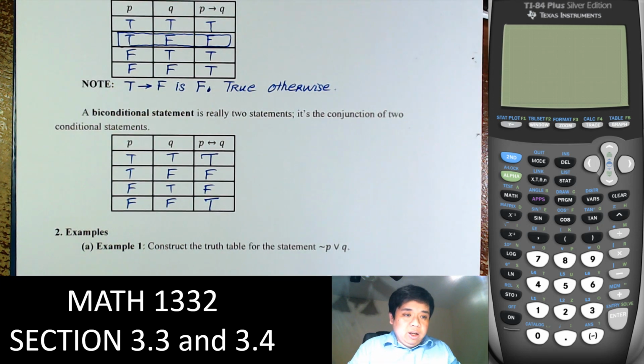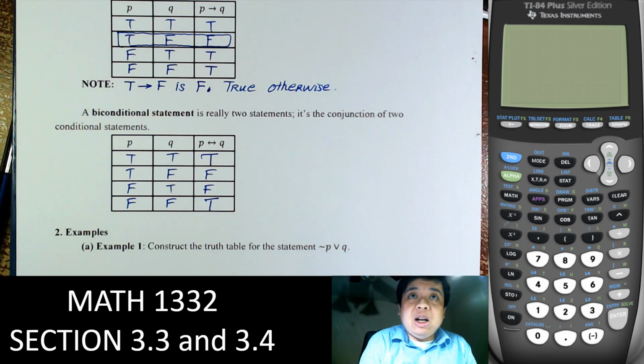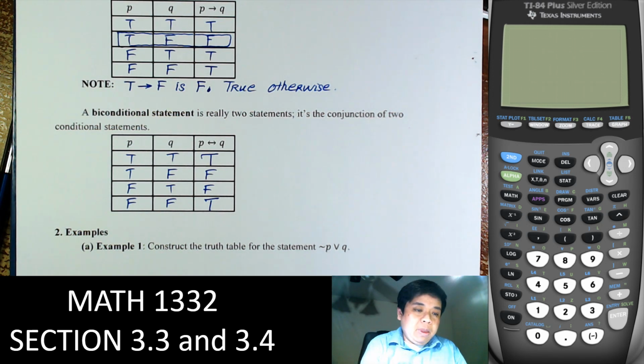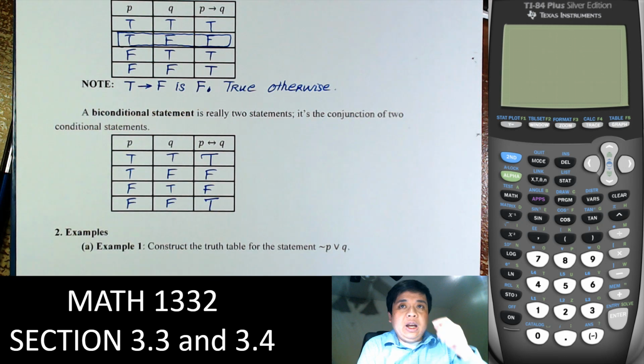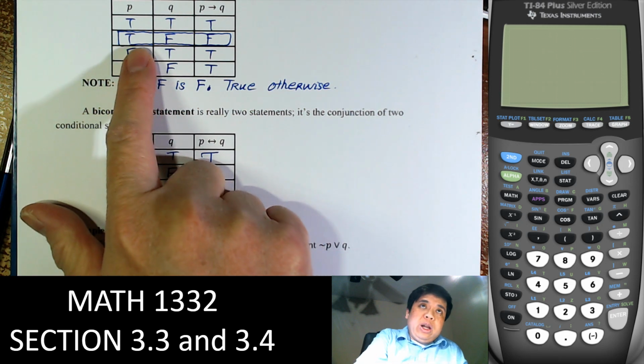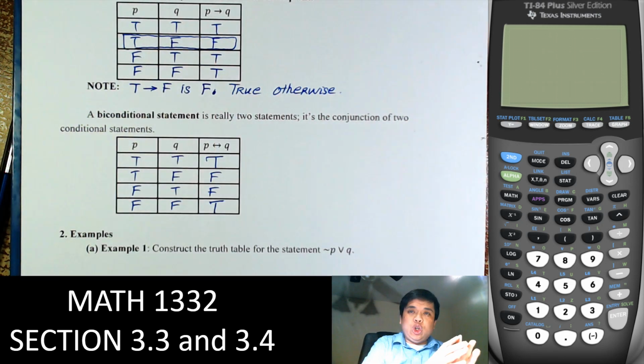The conditional and biconditional statements are a little more difficult, but keep in mind that if we start with something false, the whole thing is going to be true. It is only false if we start with something true implying something false. Otherwise, it's true.